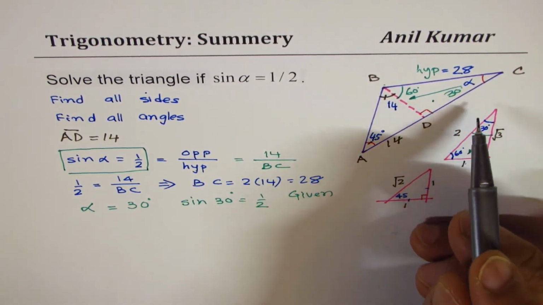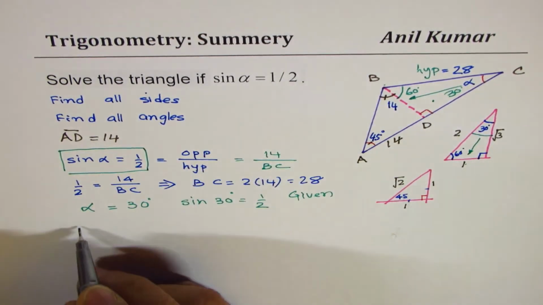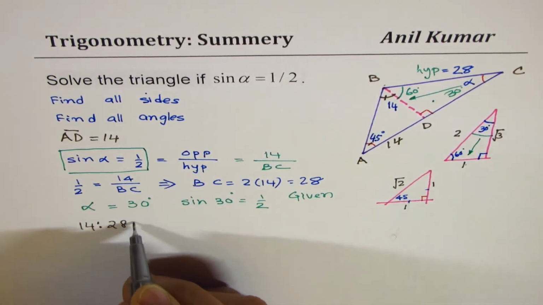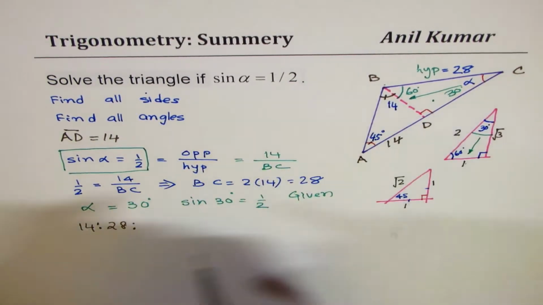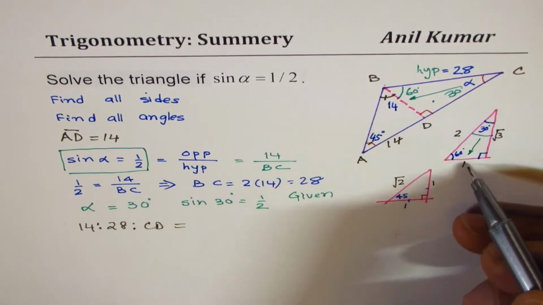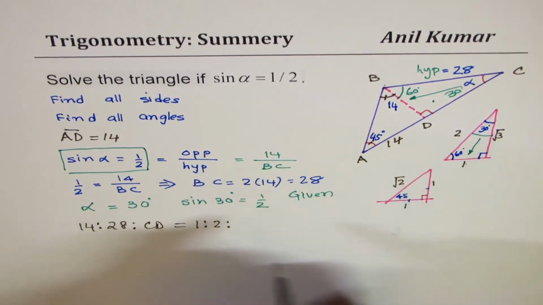So what we see here is that the ratio of the sides should be, let's write, 14 is to 28, right? Is to this side CD we don't know, should be equal to what? 1 is to 2 is to, and this is square root 3.